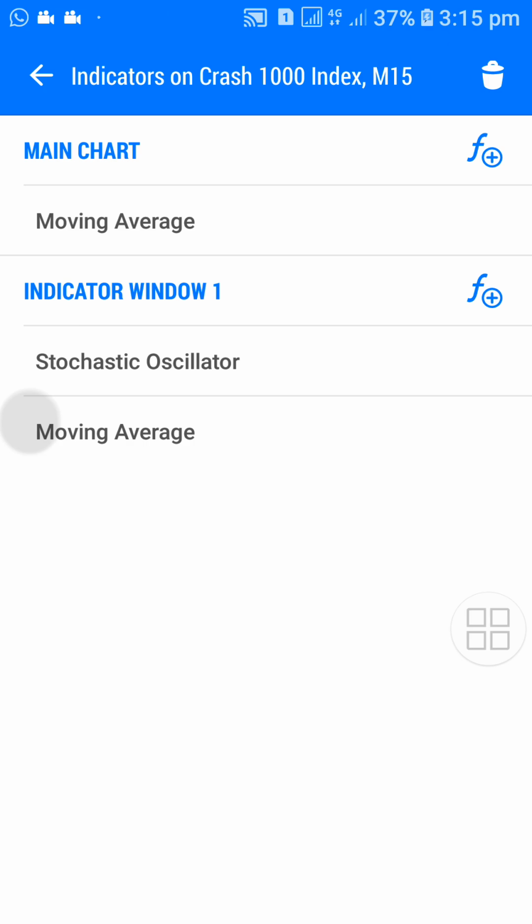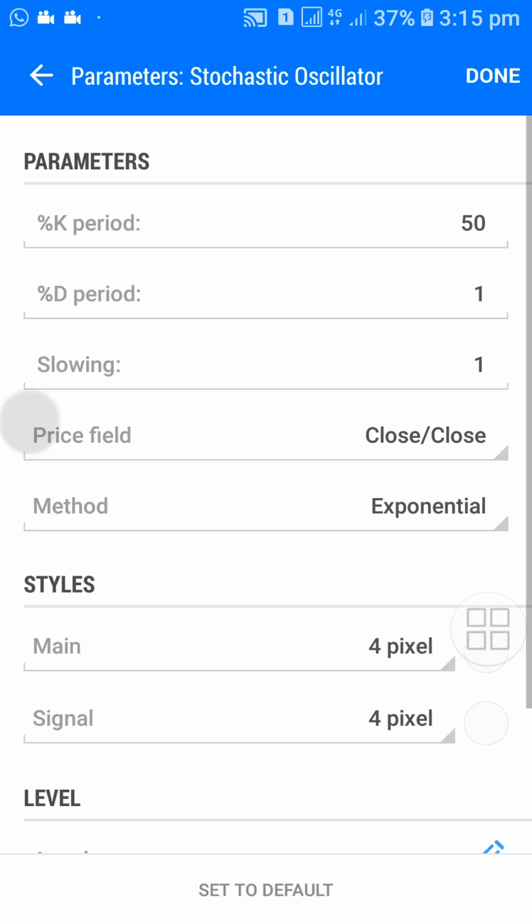The next indicator we are using is the stochastic oscillator. These are the parameters: I am using percent K period 50, percent D period 1, slowing 1, price field close, and method exponential. For styles I'm using the main, and the signal is going to be the color of our background.